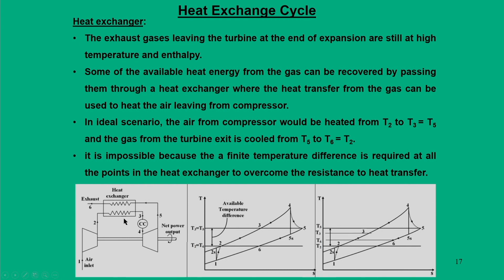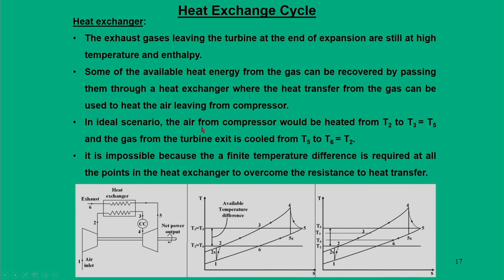The ideal location of a heat exchanger would be from the turbine outlet till the exhaust, and similarly from the compressor outlet to the combustion chamber. In that process we tap the extra heat available in the exhaust gas, which can be utilized to preheat the air when it leaves the compressor.